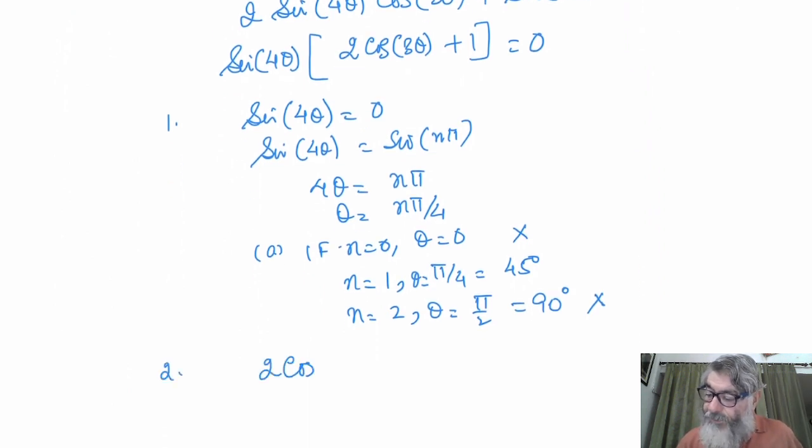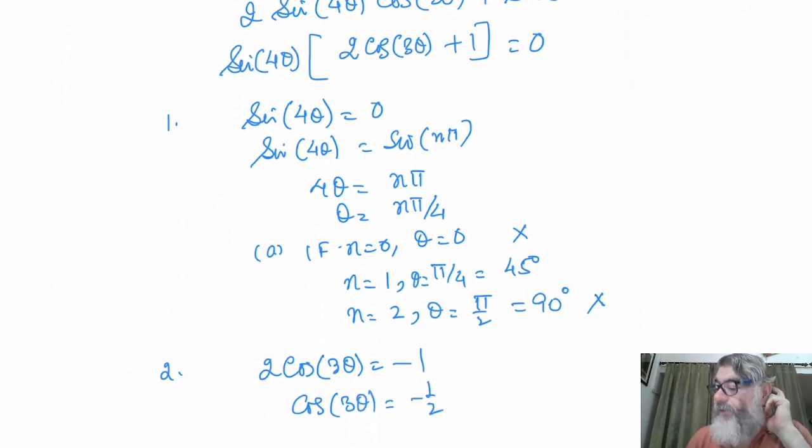2 cos 3 theta is equal to minus 1, or cos 3 theta is equal to minus 1 upon 2. Cos of 1 upon 2 means it is 60. It is 60 here, and it will be negative on this side, 60.